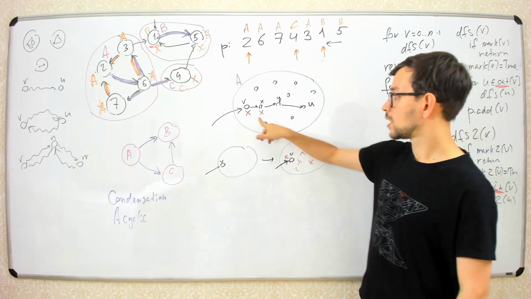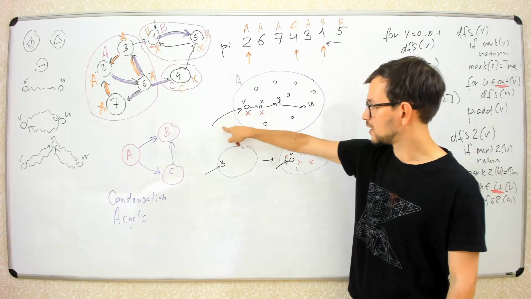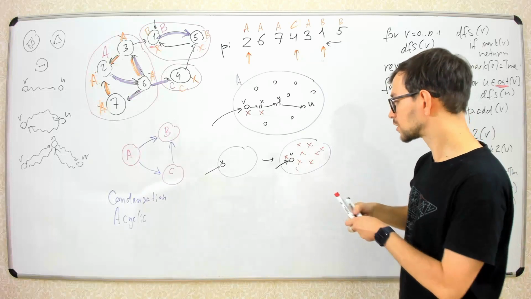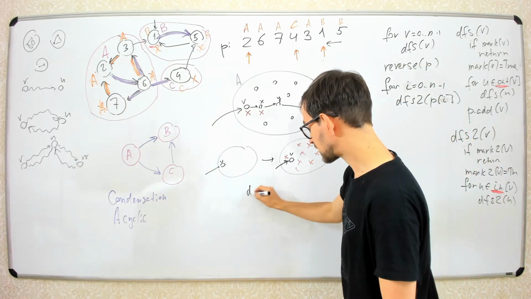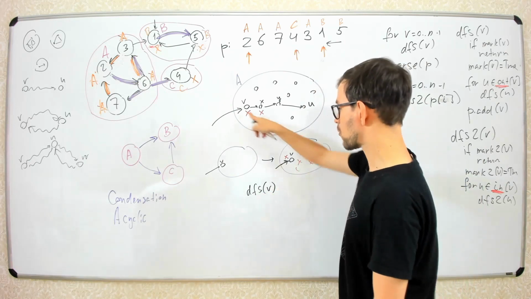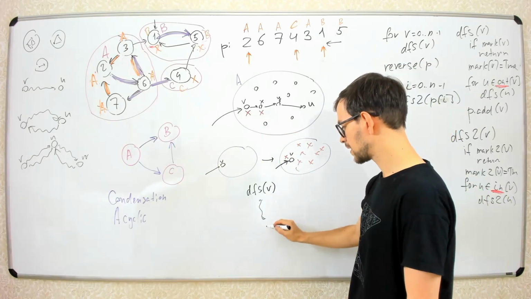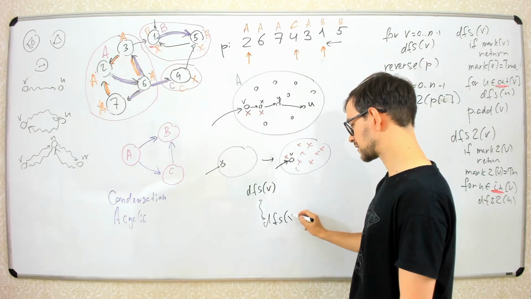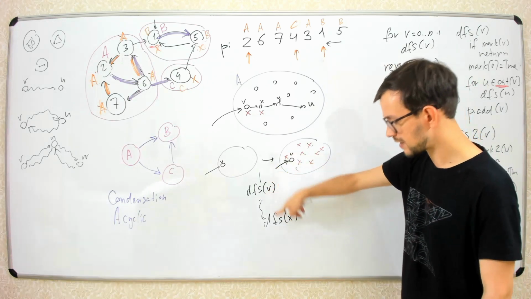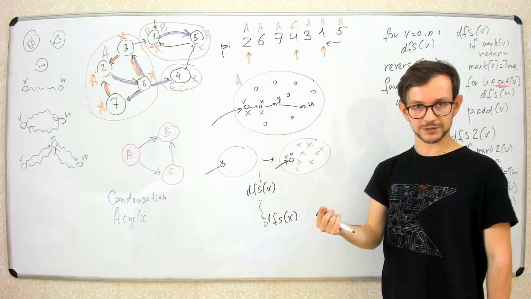Because when we enter this V, X wasn't marked. So when we exit this V, we actually exited this node X as well. We enter the DFS of V, and before we exit node V, we marked this node X. It means that at some point we called DFS of node X, then went back from the recursion and exited it.